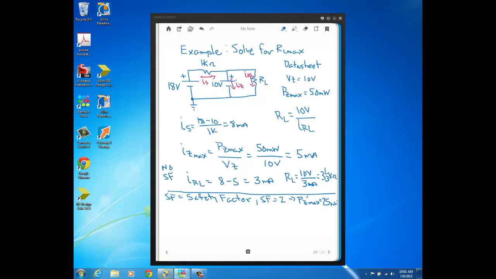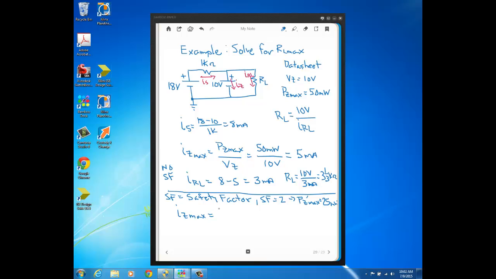But what's going to change because of the safety factor is the value of IRL, because when we change the safety factor, the maximum Zener current that we use is going to be different. So that's where you start when you're doing a problem using a safety factor compared to the problem that didn't use one: now you're going to have a different IZ max than what you had previously.